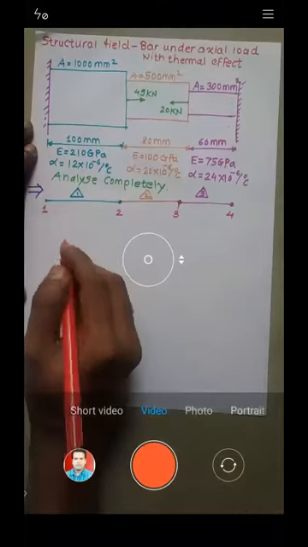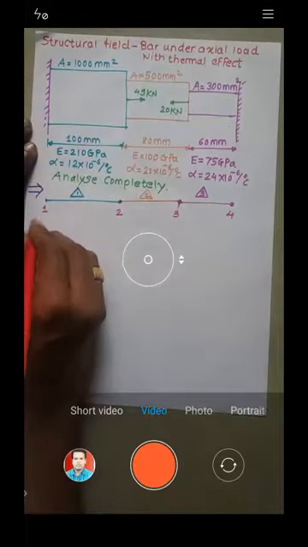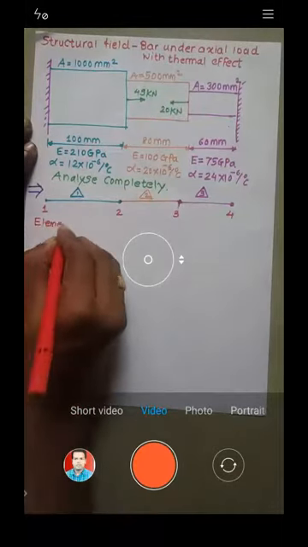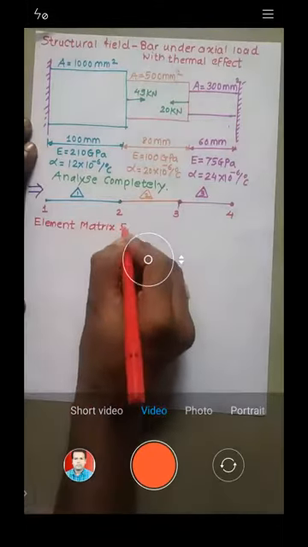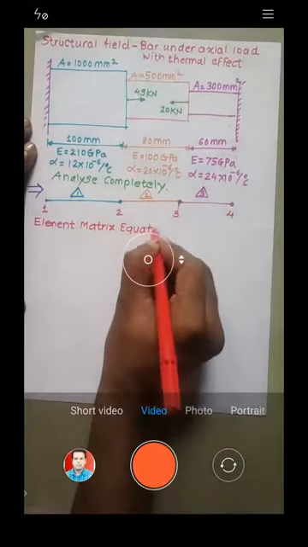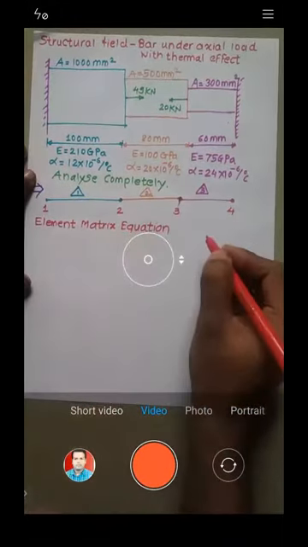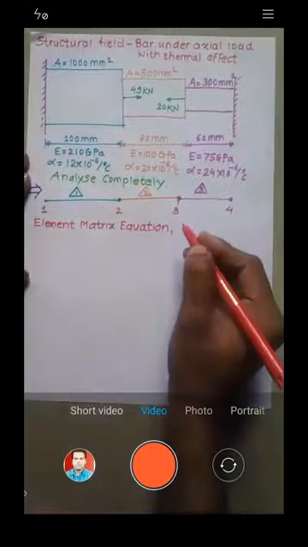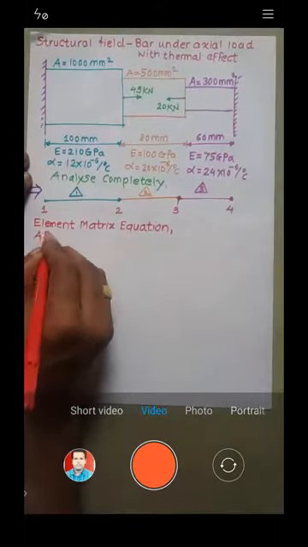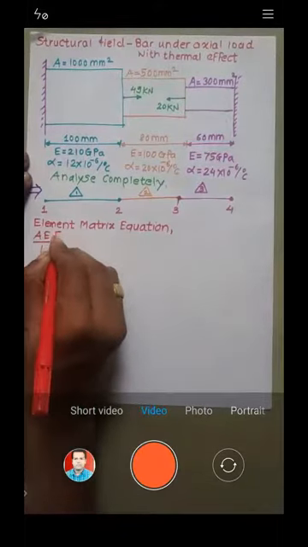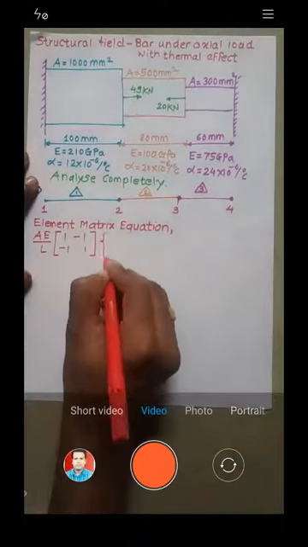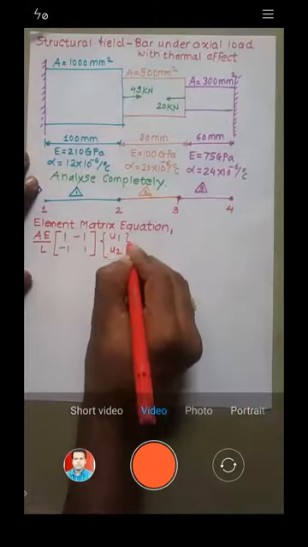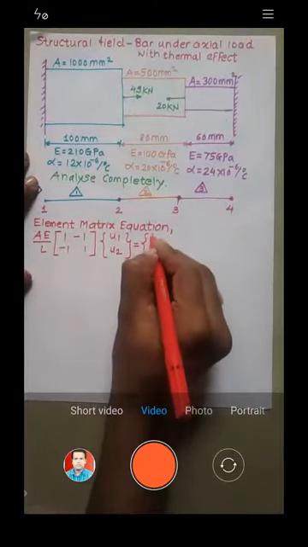So if I write down the element matrix equation, EME, for a bar under axial load, it is given by AE by L times the matrix [1 -1; -1 1], multiplied by displacements U1, U2, is equal to forces F1, F2.